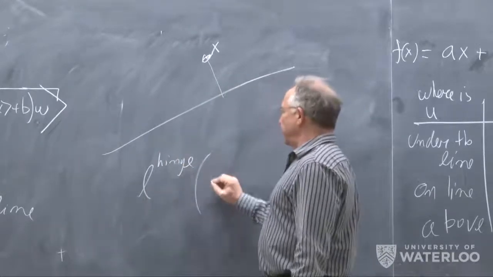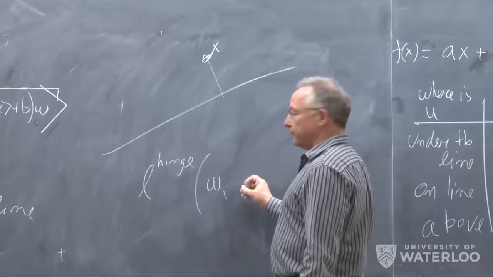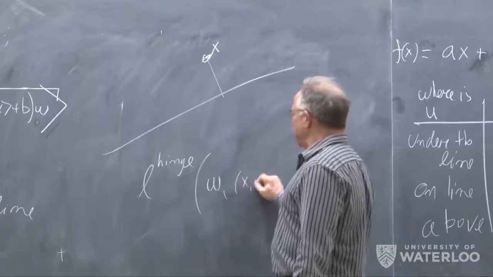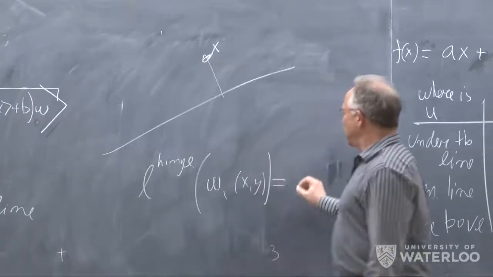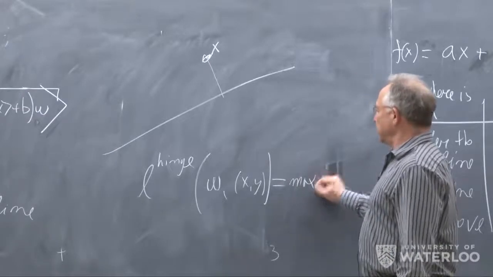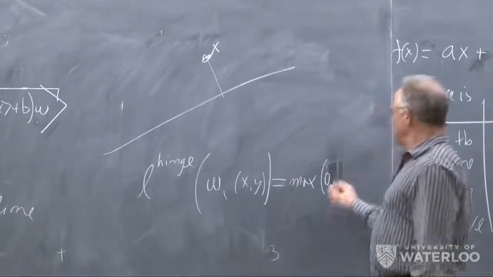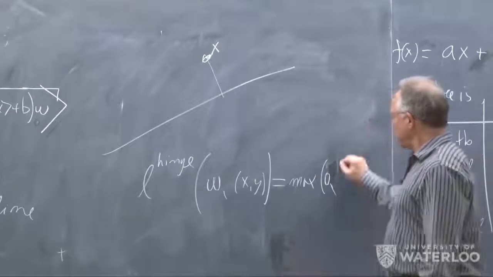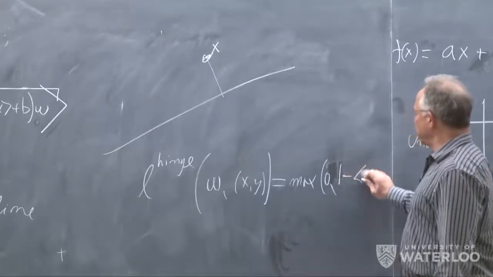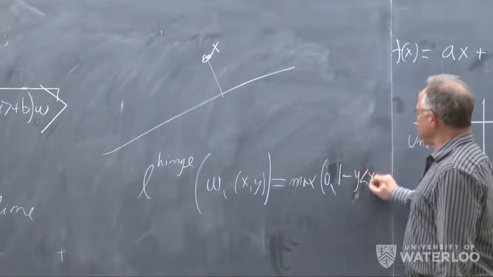of W and a point X with label Y was the maximum of 0 and 1 minus Y times the dot product XW.